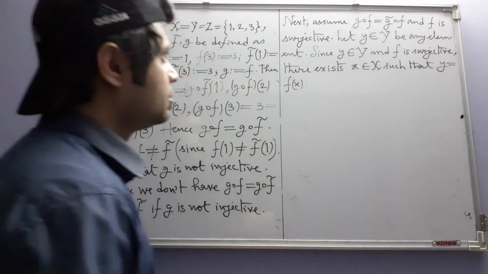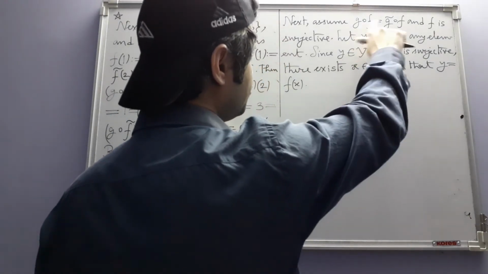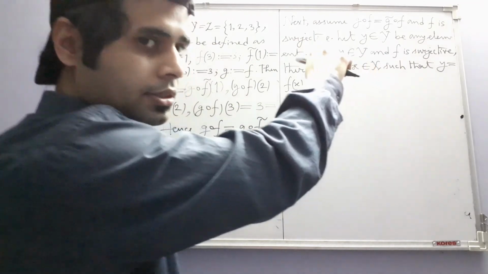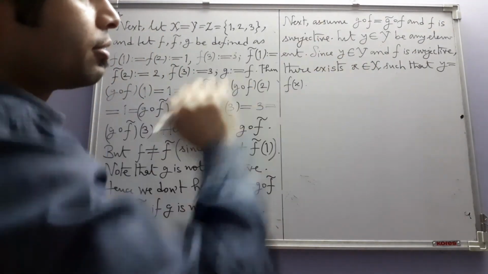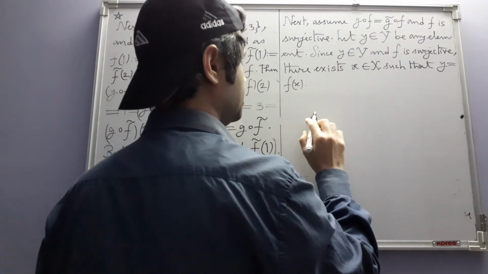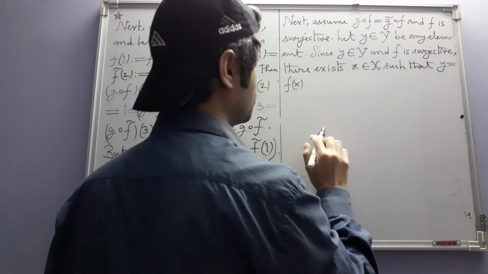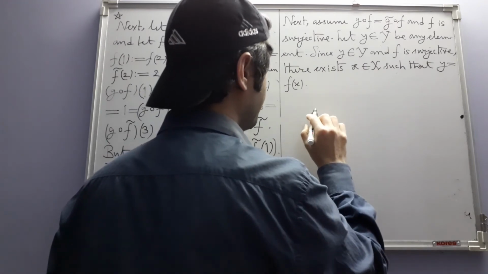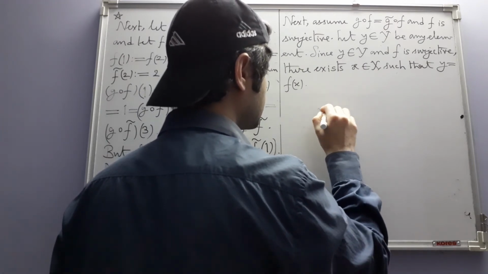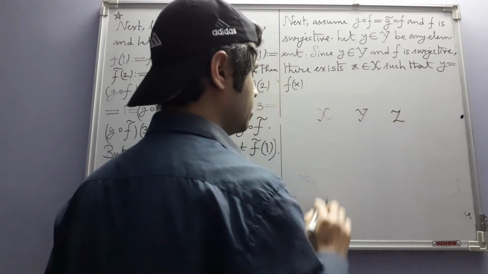Okay, right. Now if we look at these two functions, G composition F and G tilde composition F, we can see that, okay, let me just write the domains and ranges once more. This is X, this is Y, and this is Z.